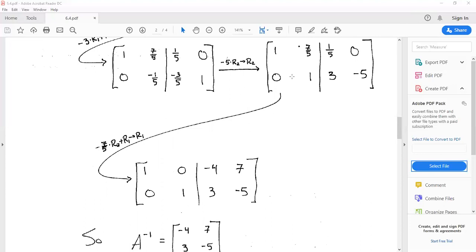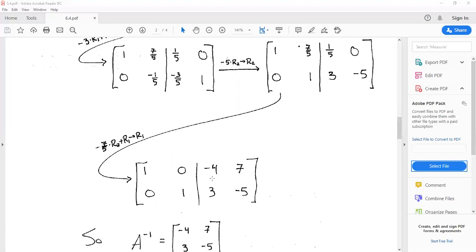Then we have 1/5, and we add to that -7/5 times 3. That gives us -21/5 plus 1/5, which is -20/5, or -4. Last, we have 0, and we add -7/5 times -5, which is 0 plus 7, which is 7.